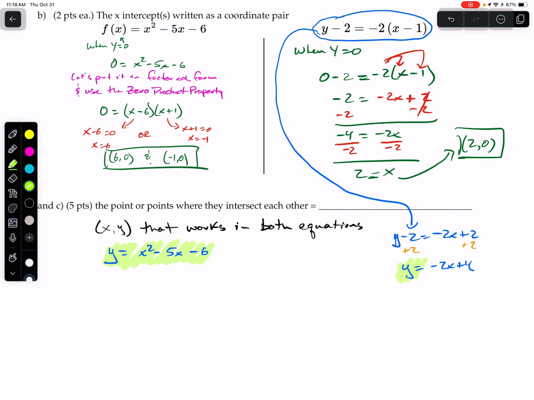We've got two functions. So we want the two y's to equal each other, which means this equals this. So x squared minus 5x minus 6 has to equal minus 2x plus 4.